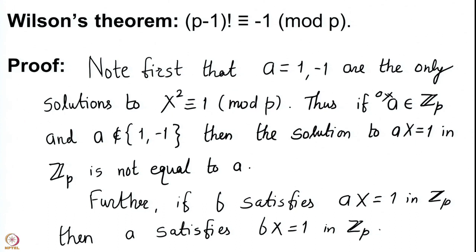Earlier we have seen that ax equal to 1 has a solution other than a, call that solution b. Then you can ask the same question for b. So, you have bx equal to 1, and this has the solution to be the earlier a. So, going back to our example, when we had 5x equal to 1 in Z_7, we noted that 3 was the solution. But then if you ask for 3x equal to 1 in Z_7, 5 will be the solution.